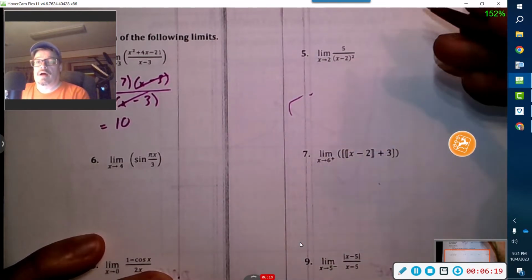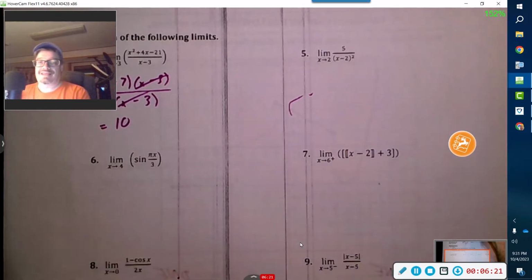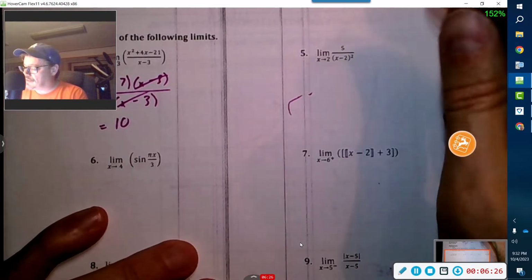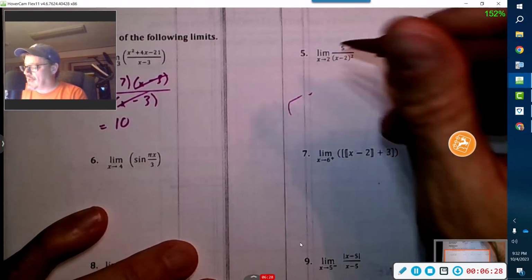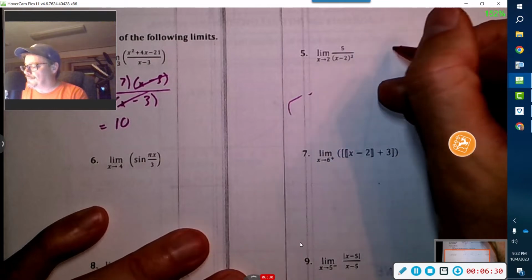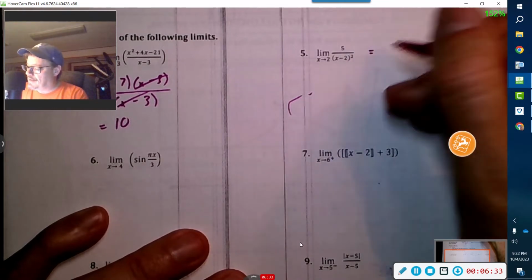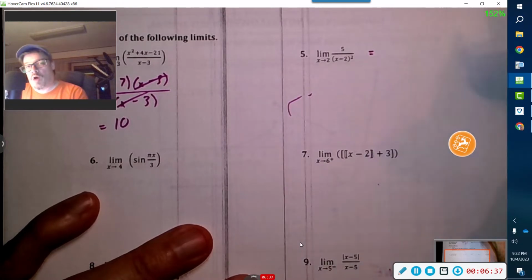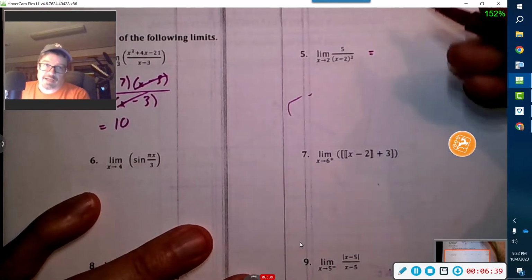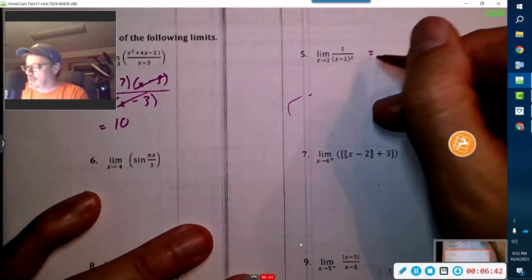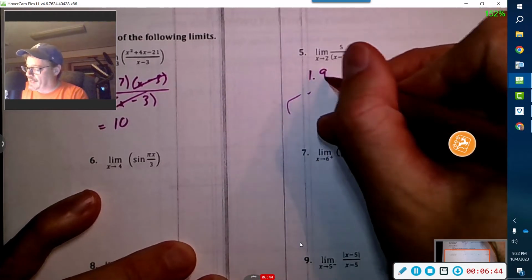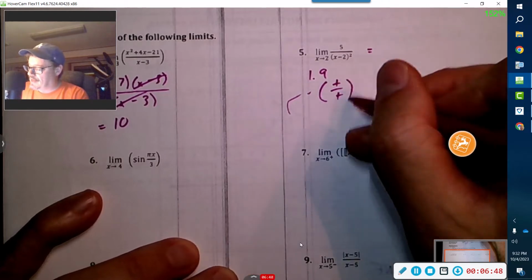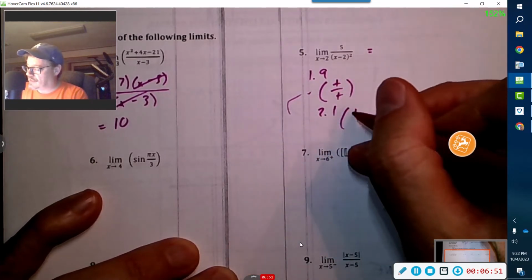But because they're asymptotes, okay? Now, because it is squared, if I were to plug in a 2.1 and a 1.9, if it's 1.9, I would get a positive over positive, and if it was a 2.1, I would also get a positive over positive.